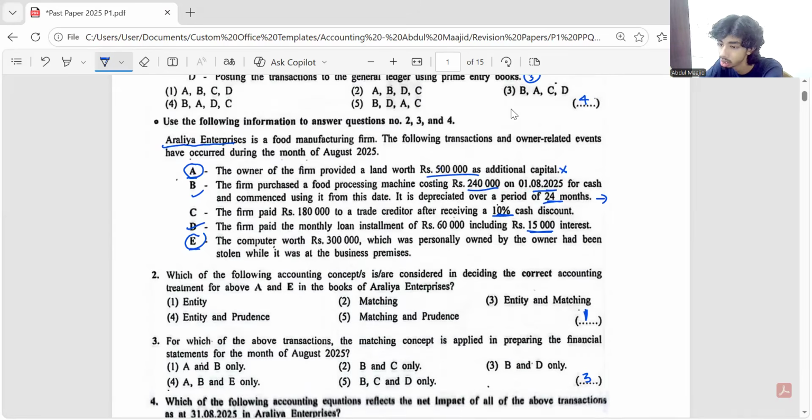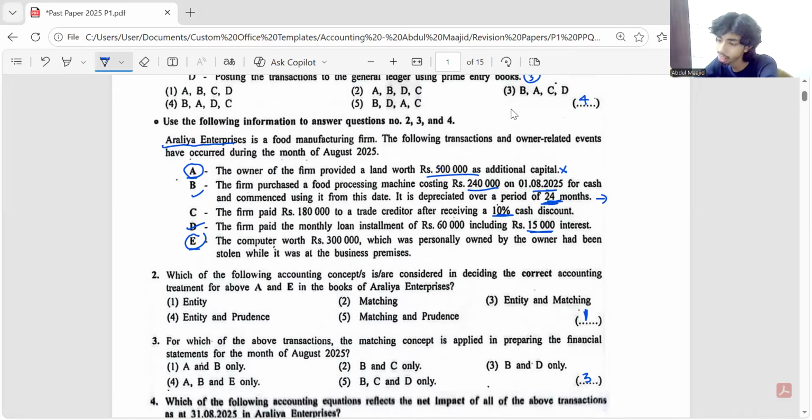Next, what is happening? It is depreciated over a period of 24 months. One additional point: you have to start depreciating the asset from the date it was available to use. So from the date 1st of August 2025, it is available to use.